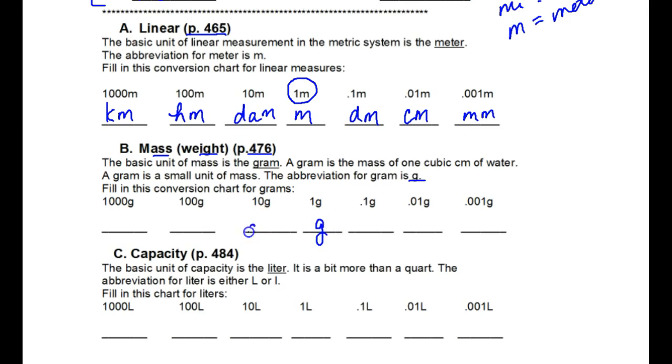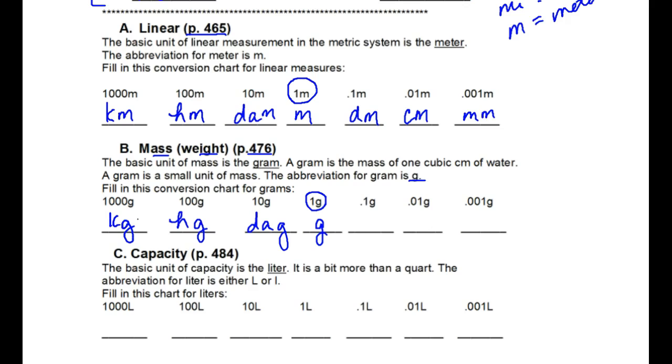10 of them is a decagram. Notice we had decameter, now we've got decagram. Instead of an M, our basic unit is a G. All we have to do is add the prefix to mean 100 of those.